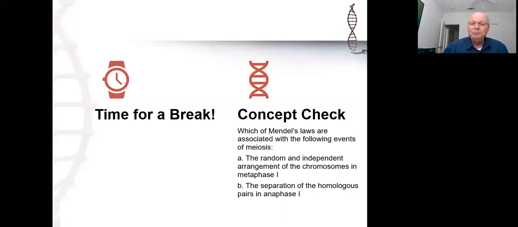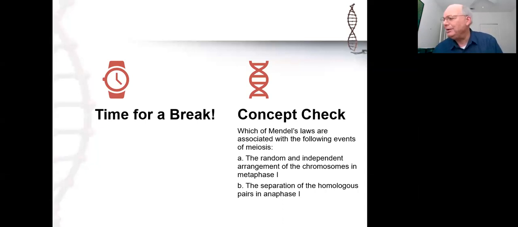So, which of Mendel's laws are associated with the following events of meiosis? Because remember, we have to be able to recognize where in meiosis we see the behavior that leads to Mendel's two laws. So the random and independent arrangement of the chromosomes in metaphase 1.